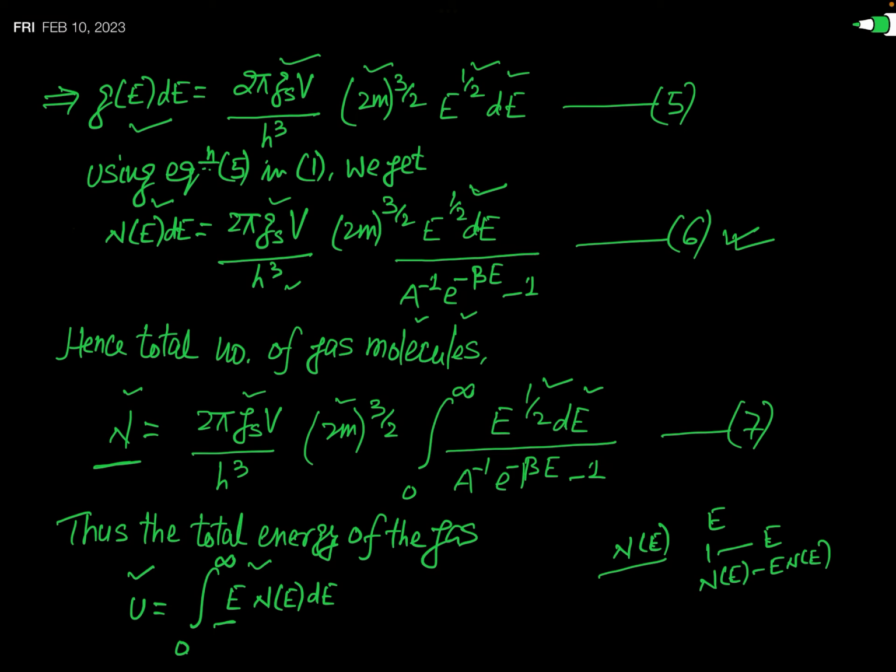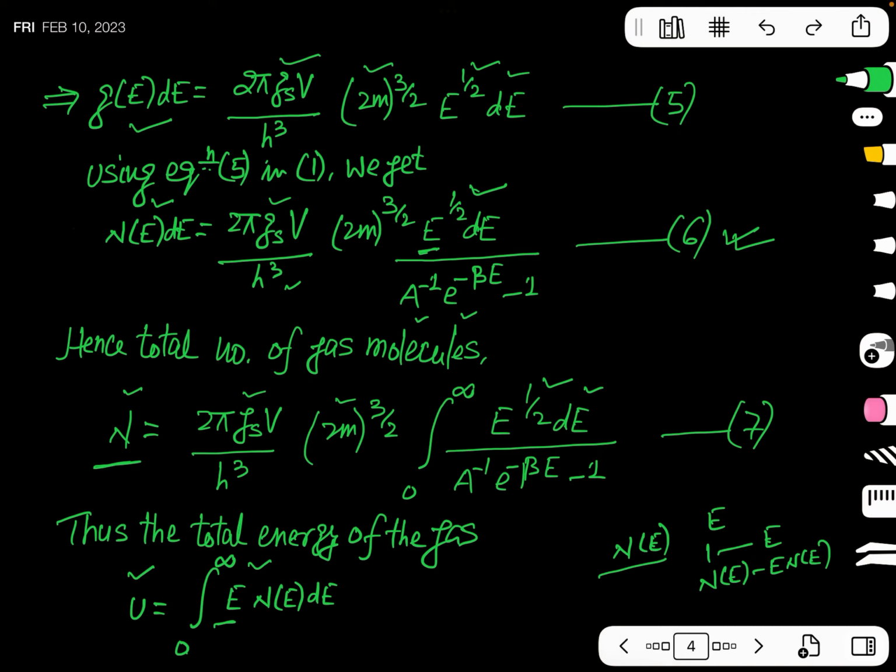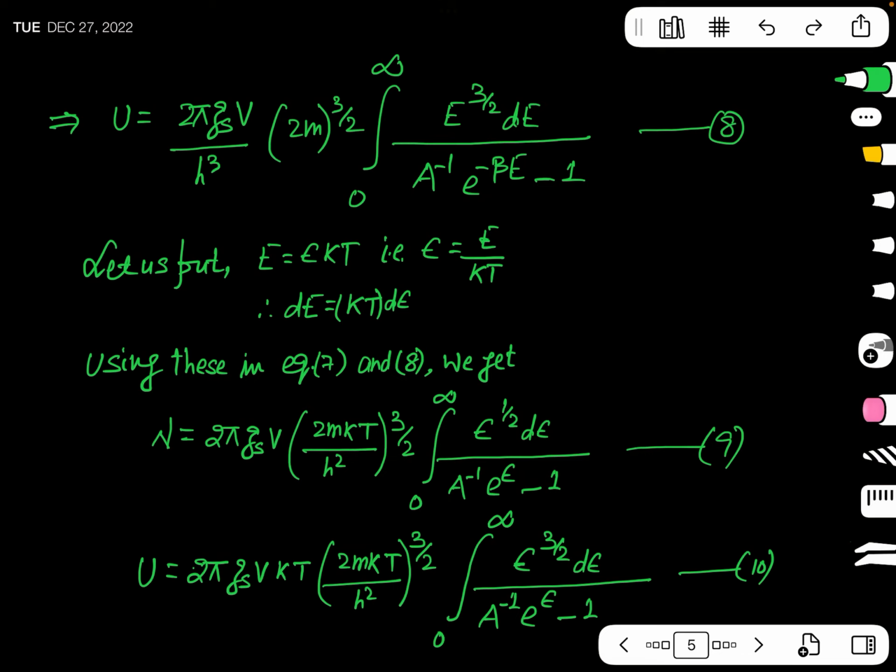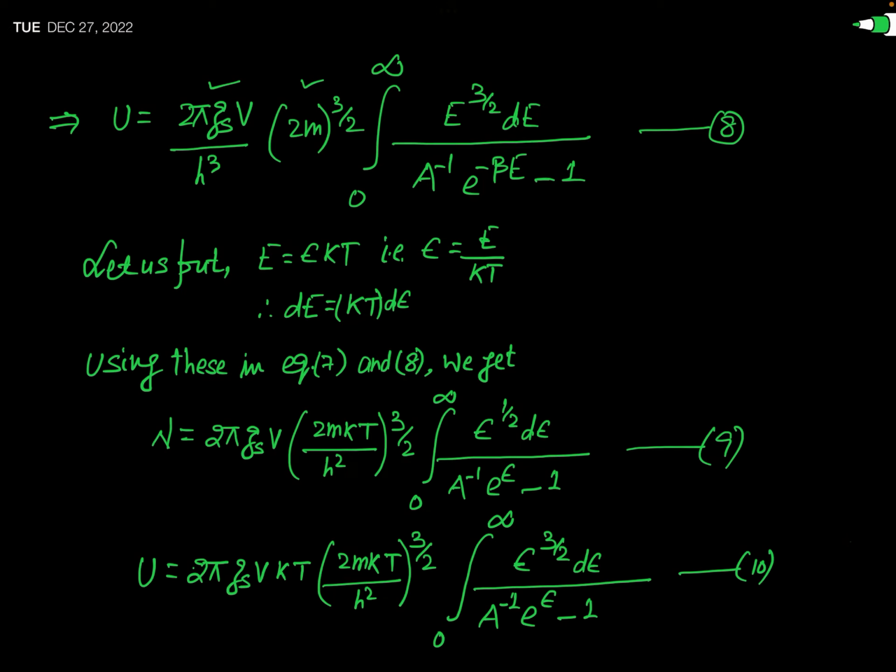After multiplying by E, there will be E to the power 3/2 and all other quantities will remain the same. So the result is U equal to 2π g_s V over h cubed times (2m) to the power 3/2, integral 0 to infinity E to the power 3/2 dE divided by A inverse times e to the power minus βE minus 1. Now we will try to evaluate these integrals.